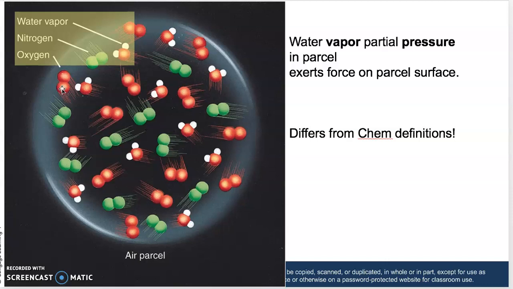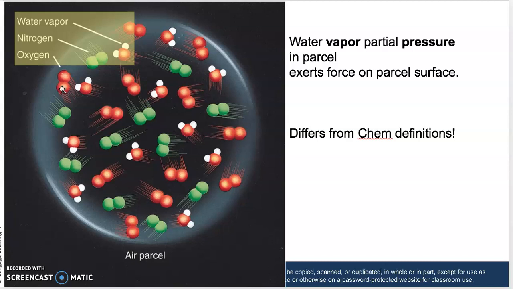Now remember, we learned that the warmer this parcel is, the more pressure all these molecules are going to exert on the surface. They're going to expand the surface. And we looked into that in Chapter 2 with expansional cooling. So warm air rises in its parcel.